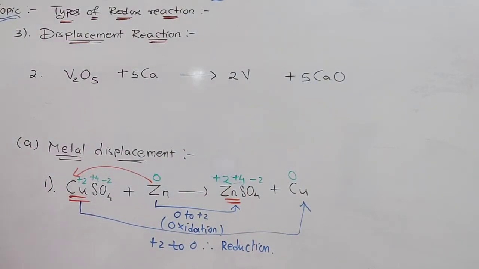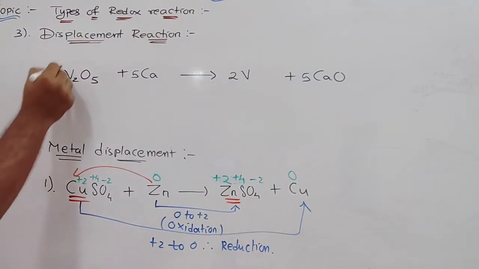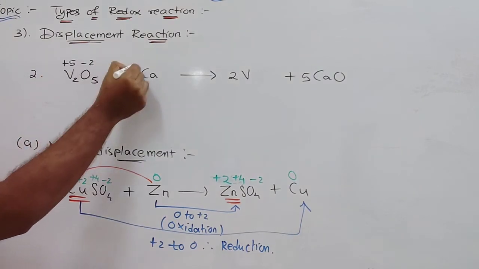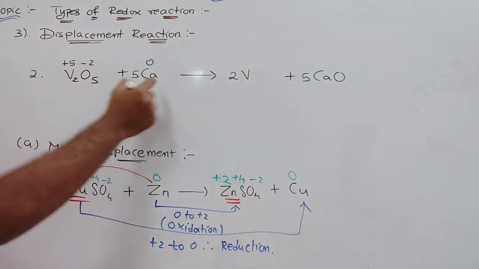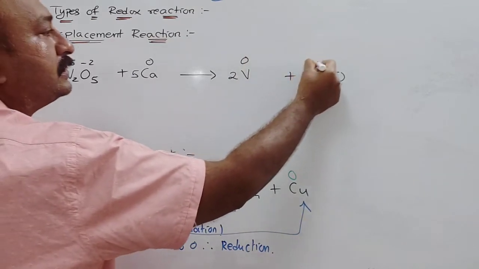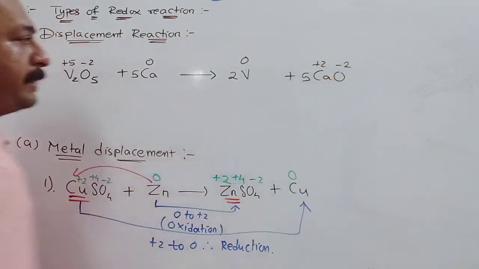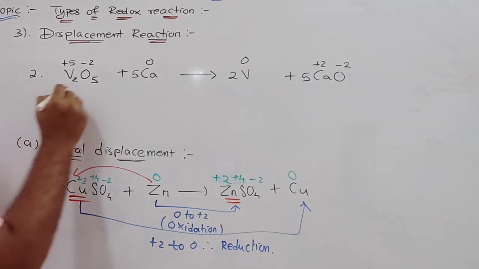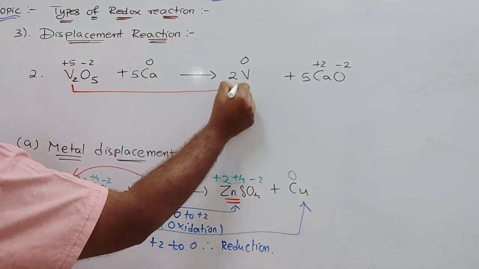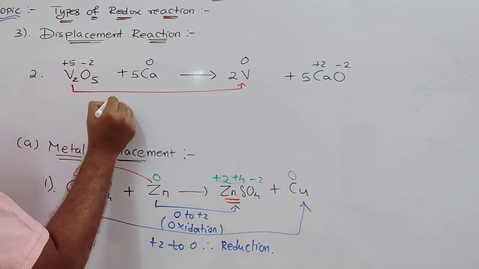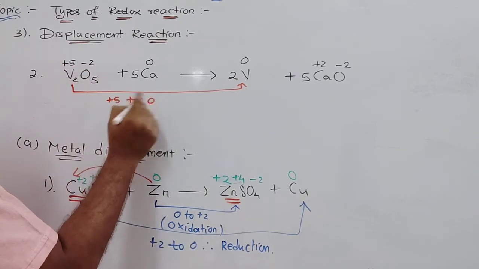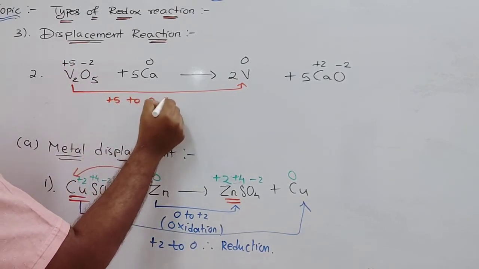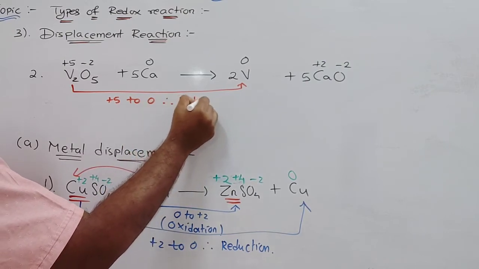Now in this case, vanadium is +5, oxygen -2, calcium in elemental state is 0, this also 0, and this is +2 and -2. Understood? What happened to vanadium? Vanadium goes from +5 to 0, a decrease in oxidation number, therefore reduction.